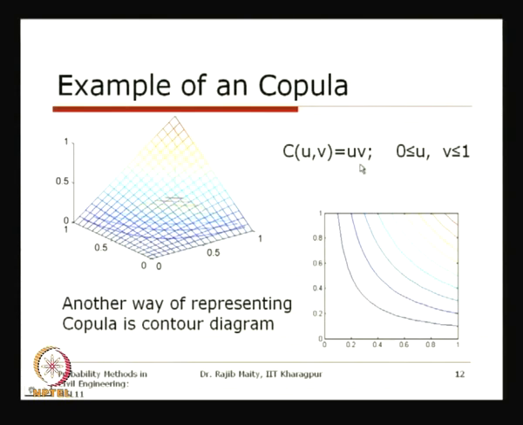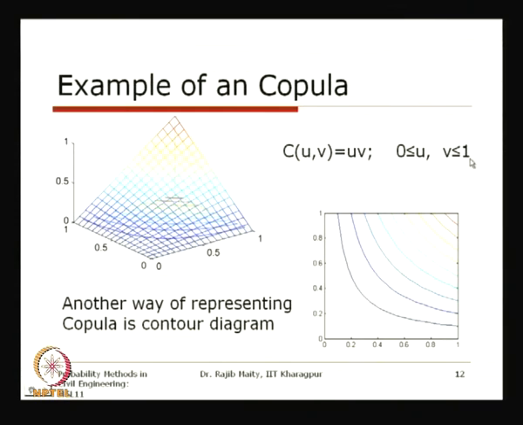Now, this is also a copula, which is known as the independent copula, where both u and v vary from 0 to 1.